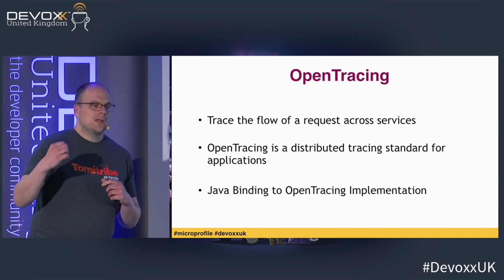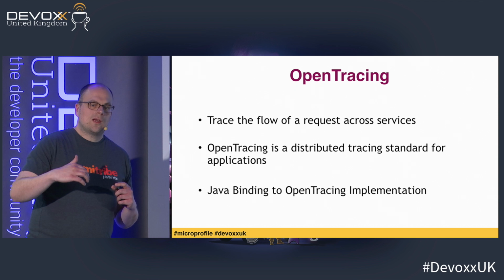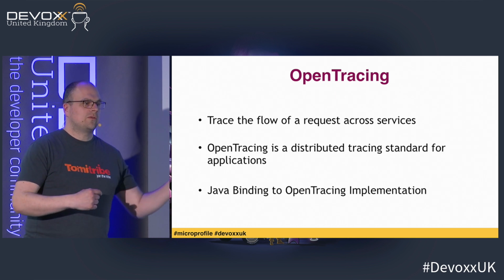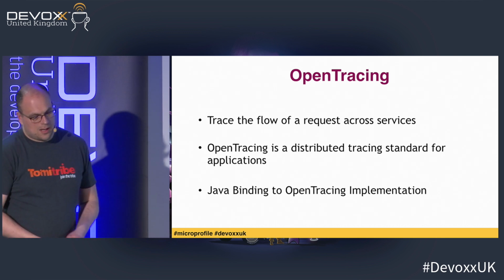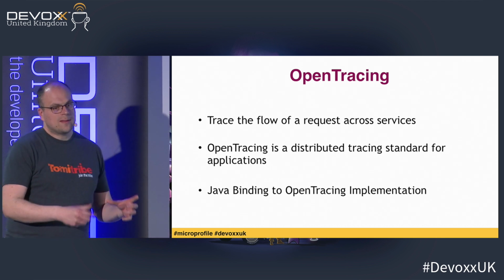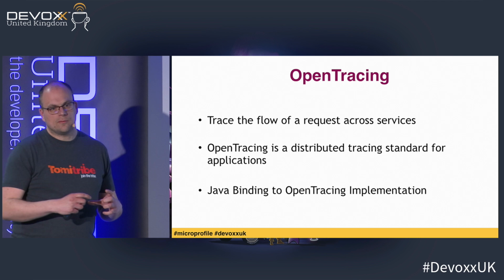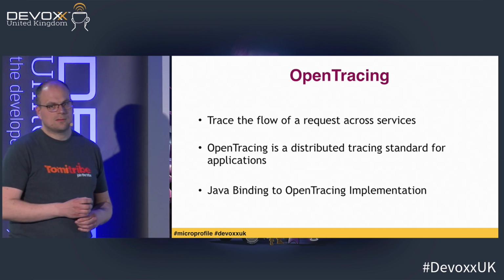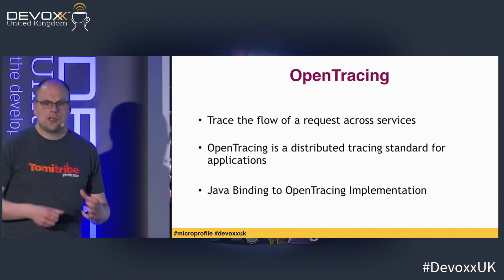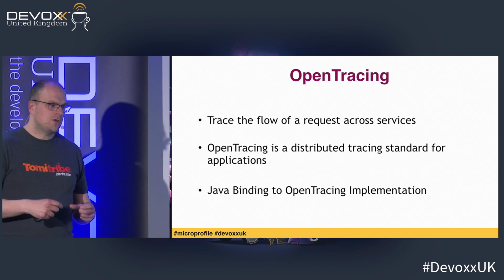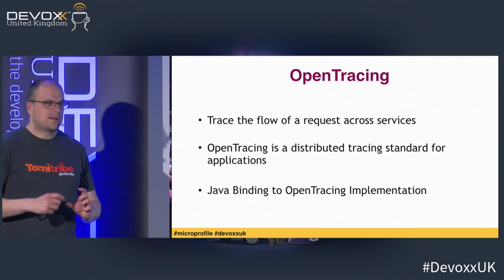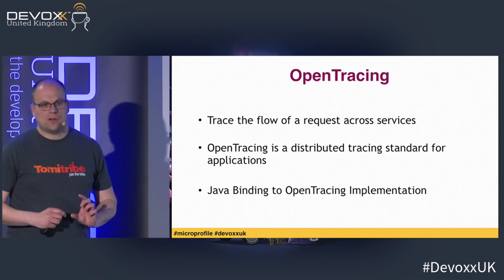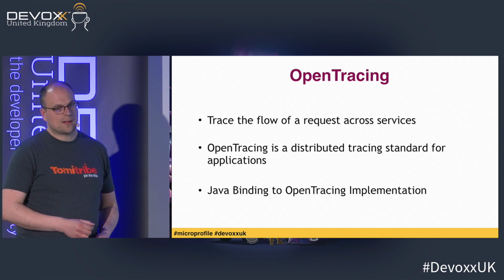So we can actually trace requests as they come into services, and that service calls onto other services that make up the application. The way that this works is we build on top of a specification called OpenTracing, and OpenTracing provides a vendor-neutral way of collecting this data and pushing it to a database to track the information.